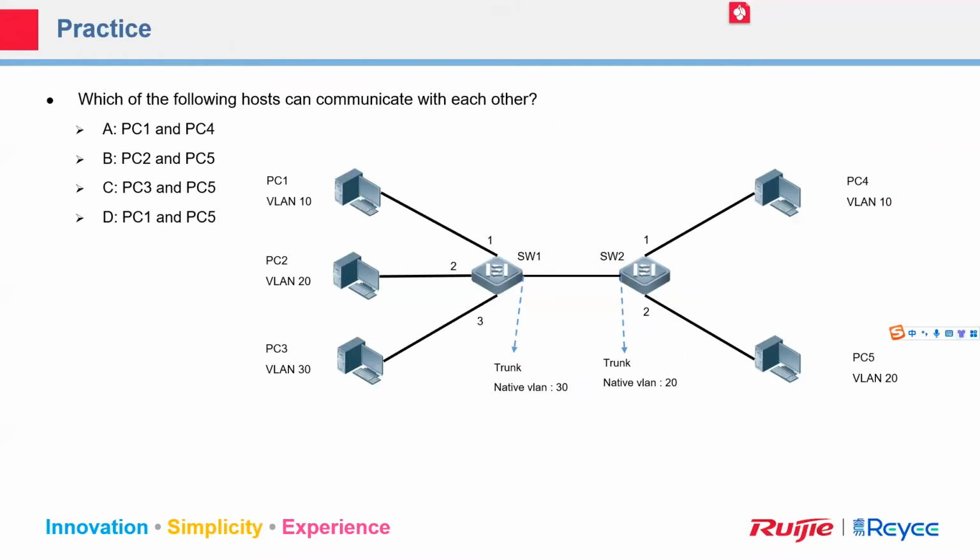But with other vendors' switches, there is only a warning for you. The other side's native VLAN is different from mine, but we can still communicate with each other. But this topology is only used for you to better understand the native VLAN function and the access and trunk interfaces. So there will be a task, yes.